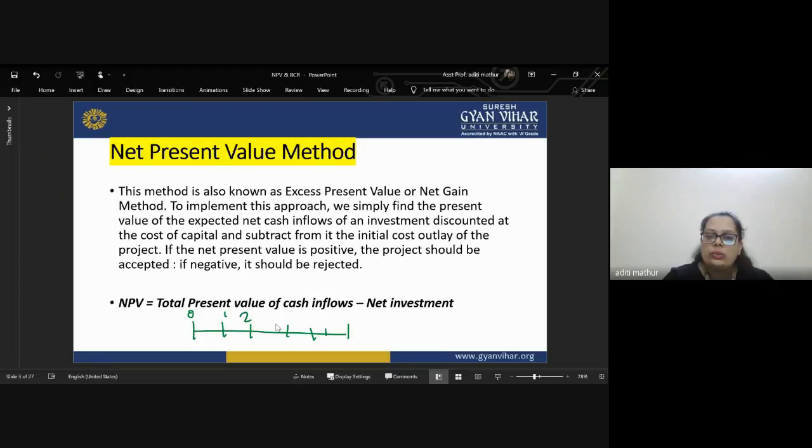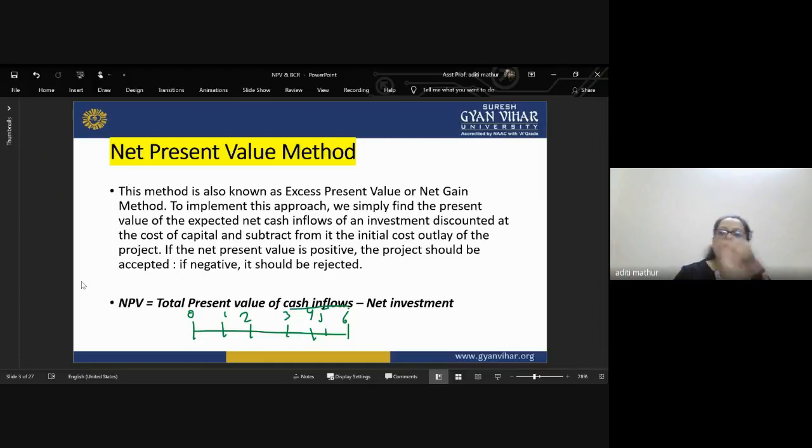So one, two, three, four, five, six. Those returns are your inflows. So what this method is saying, simply taking the consideration of time value, is to pull back all that earning to the present level today, right?